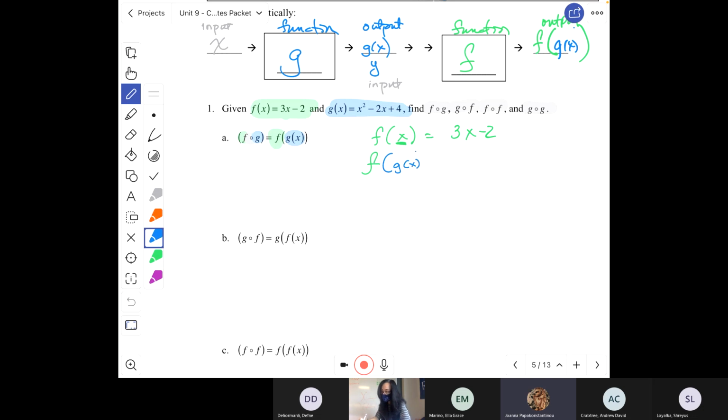So I want to feed g of x in as my input to f. Do you see how I'm starting here and I arrive at this notation? So that means everywhere I see an input, I'm going to feed in g of x. So instead of x, I'm putting in g of x.